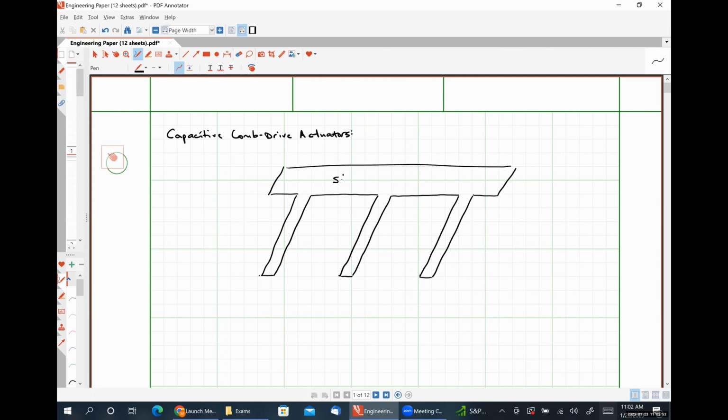So this part up here is going to represent now our stationary electrode array.